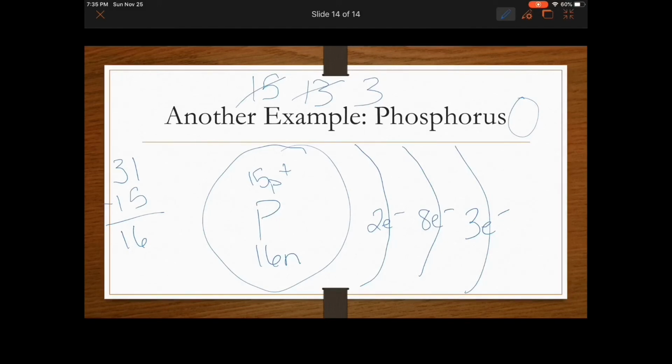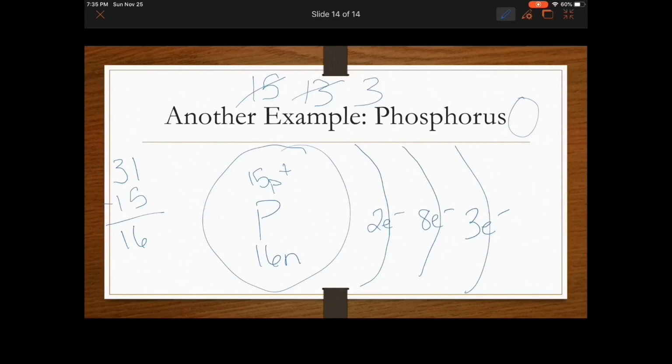So key points from this lesson: protons equal atomic number. Electrons in a neutral atom equal your protons. To figure out your neutrons, you're going to subtract the atomic number from the atomic mass. And label, label, label.